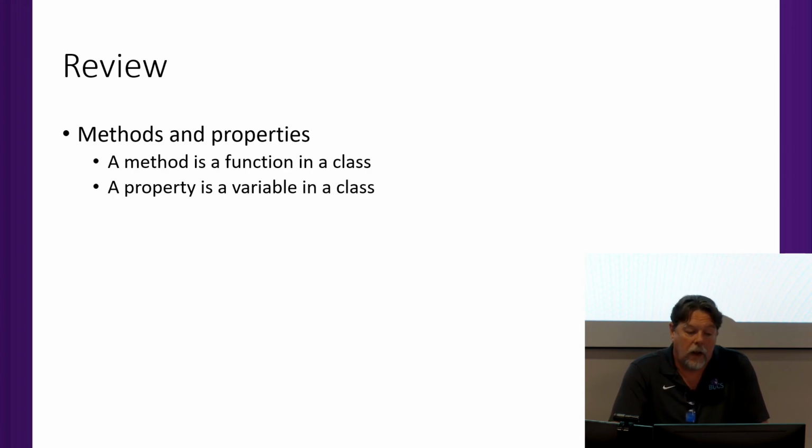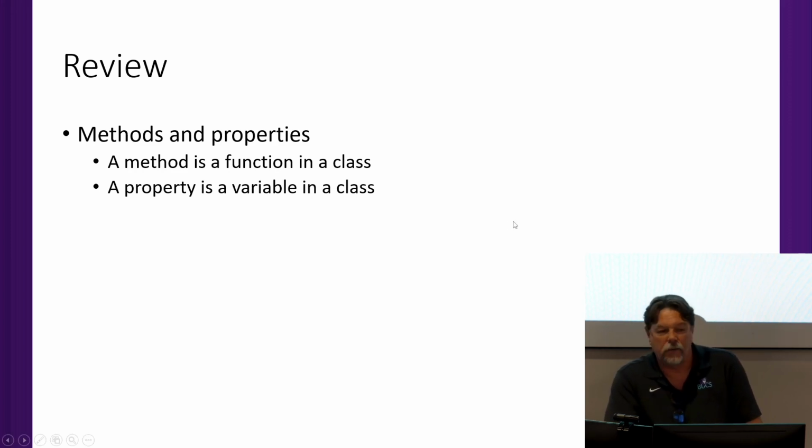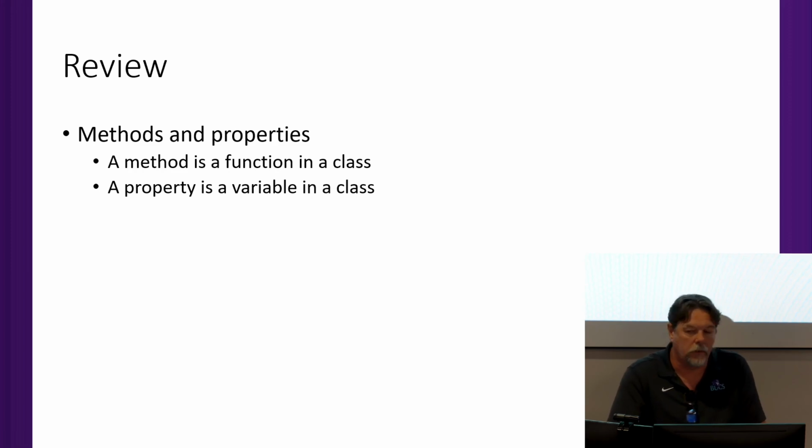When I say method, there are other terms like member function. You might see the book use other terms, but they all basically mean a Java function that we put inside a class. And variables, properties, you might hear those called attributes of a class, attributes of an object. They're all synonymous, so don't let that confuse you. The terminology all means the same thing.